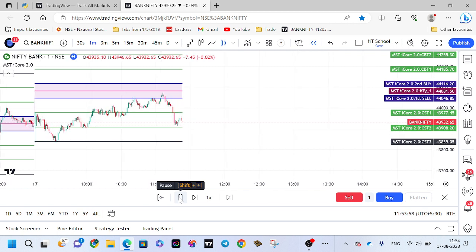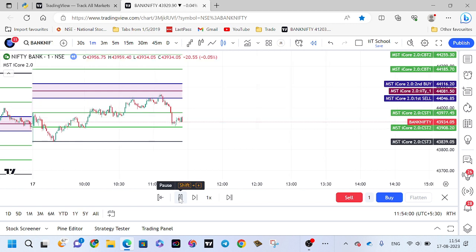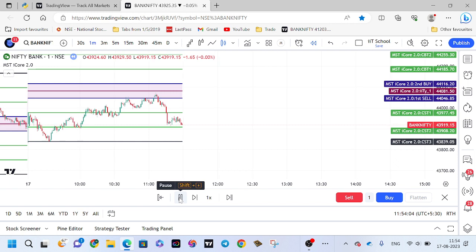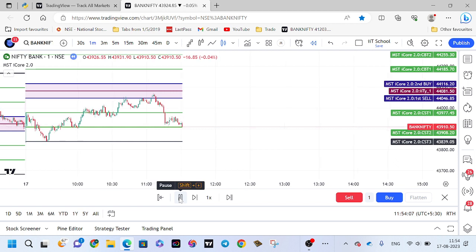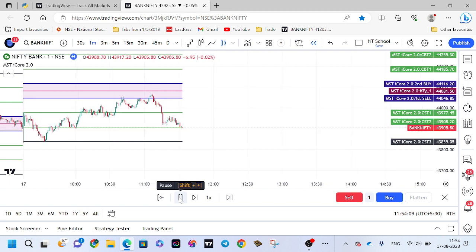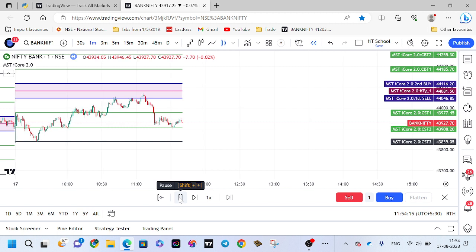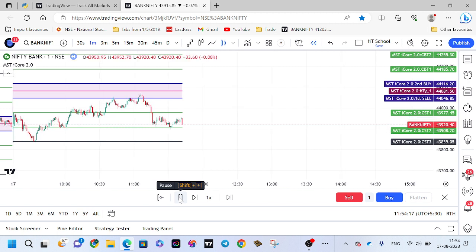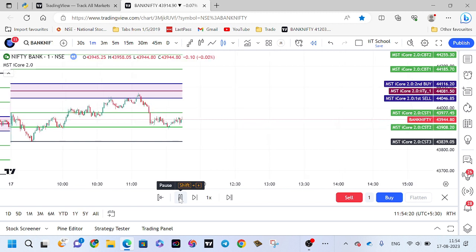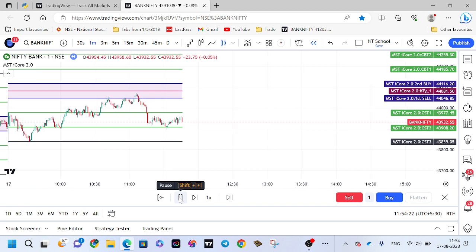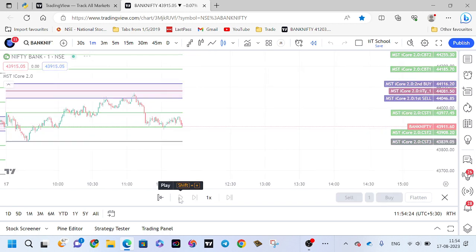So if you are having patience, you can book 1:2. Keep one ratio of stop loss and two ratio of target. Suppose you are keeping 10 points as stop loss, then you are supposed to keep 20 points as the target. Now you can see yourself what happened in the live market, that the market has been giving us continuous profit in Bank Nifty, Crudeoil, Nifty, almost in all the scripts.